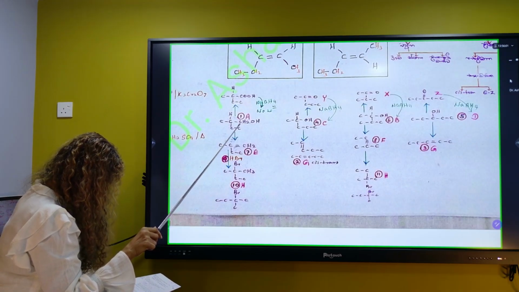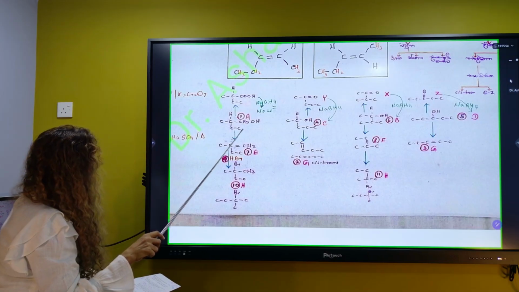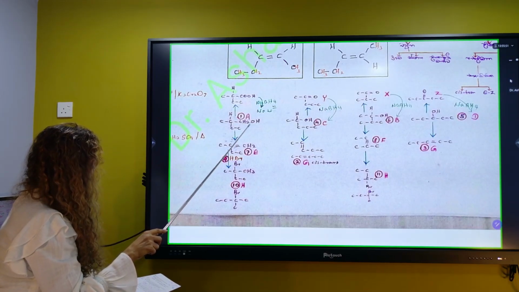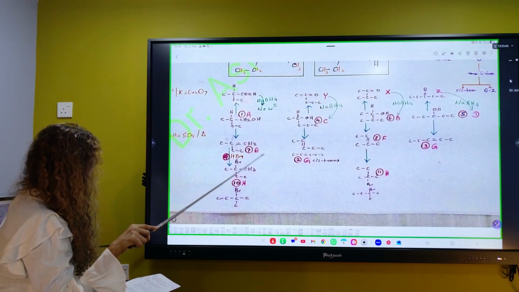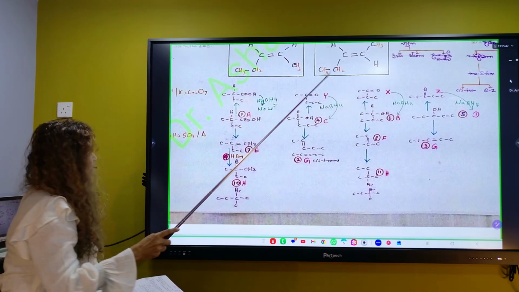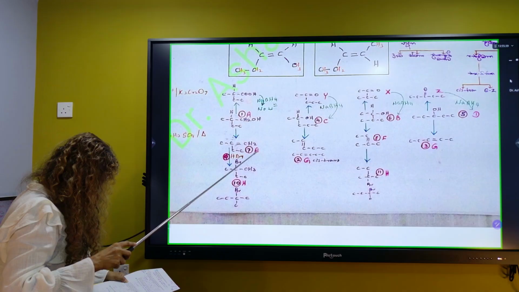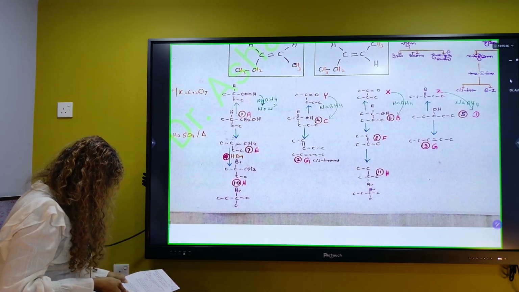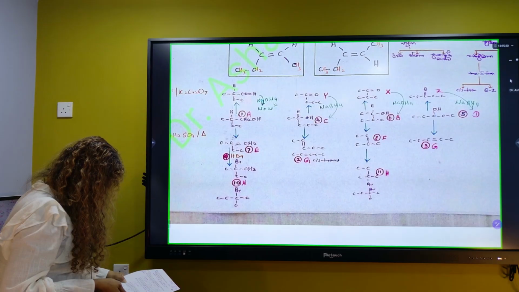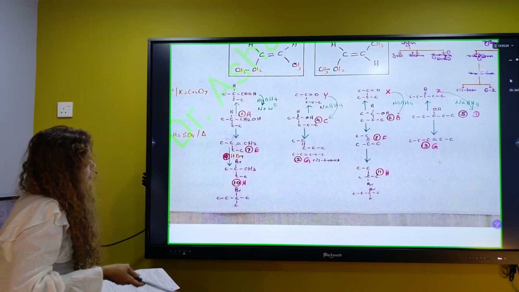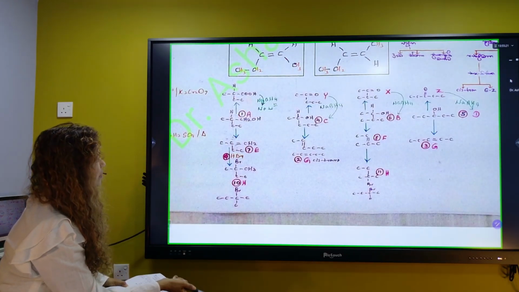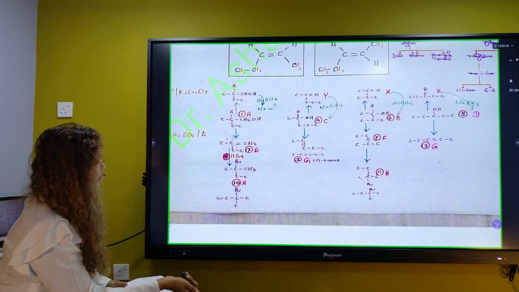On heating with conc. H2SO4, A and B gave E and F. This is E because E comes from A, and then B gives F respectively, while C and D gave the product G. Two of them are supposed to give the same product.